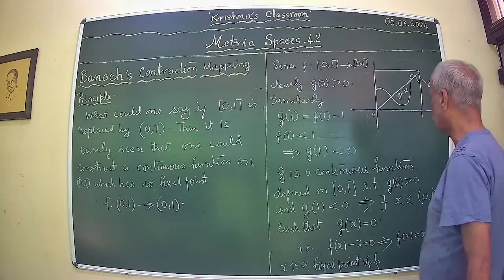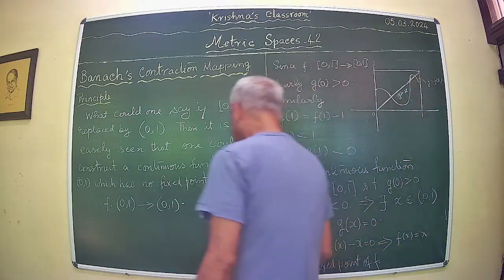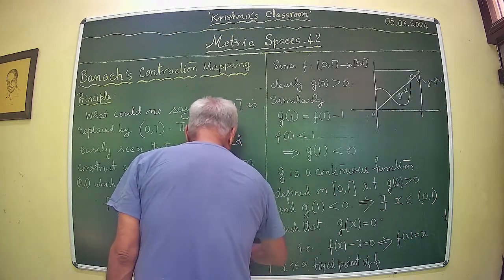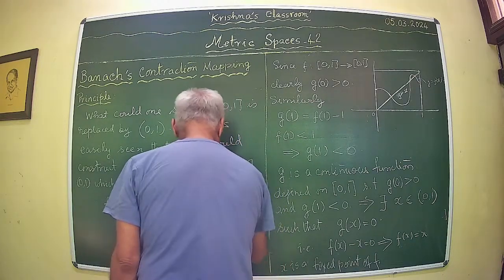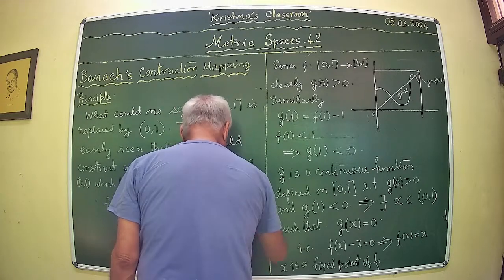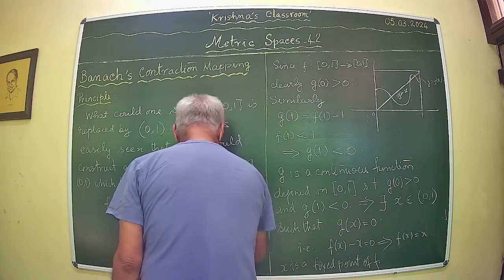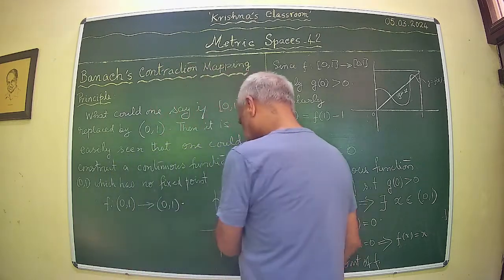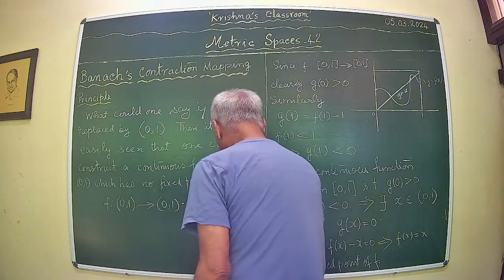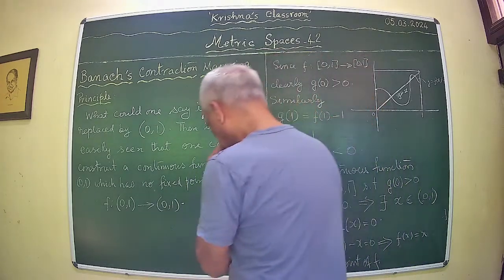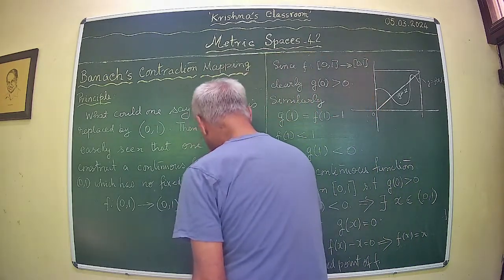Okay. For example, you can have a graph of a function like this, taking the interval like this, and range like this, and then we are trying to fix a graph which does not cross this.